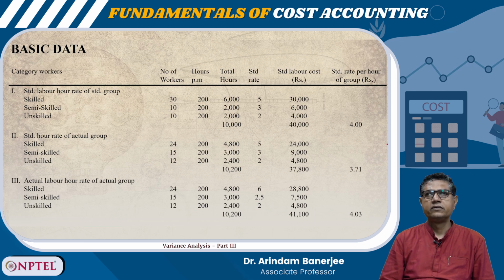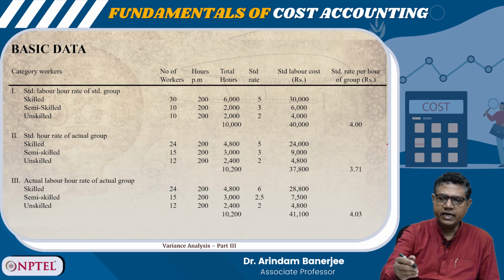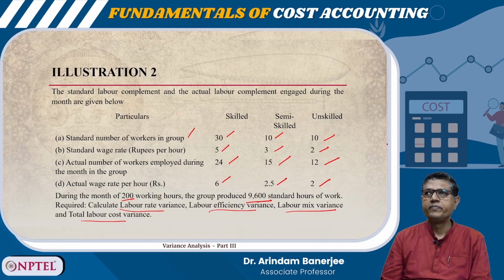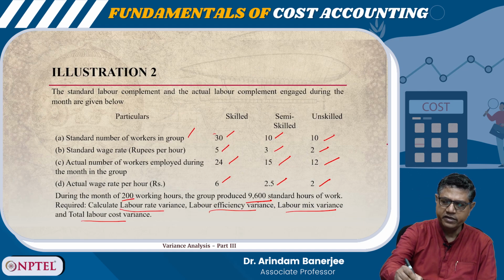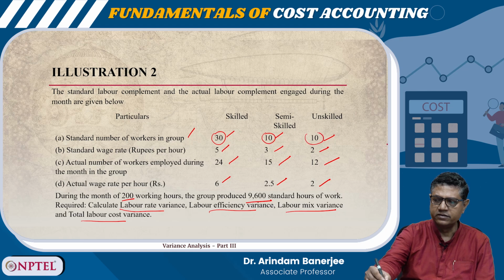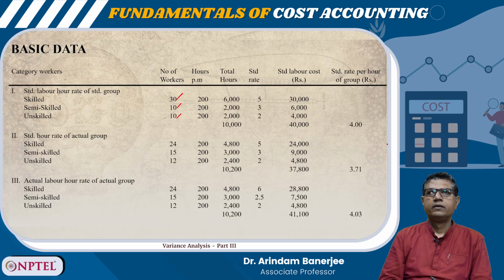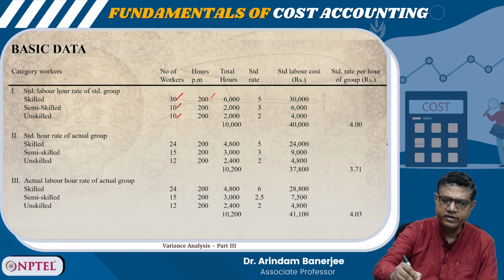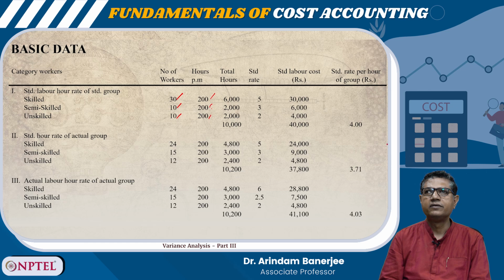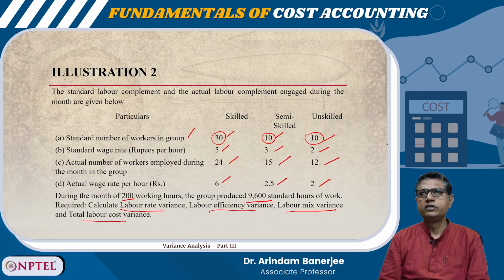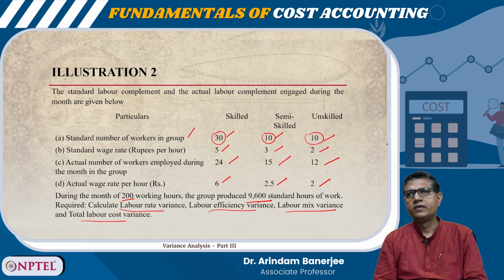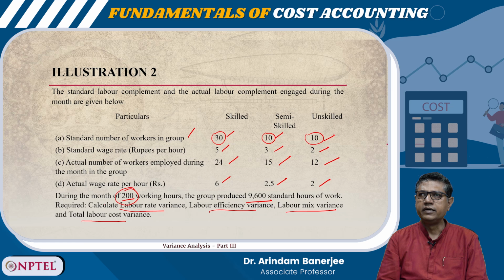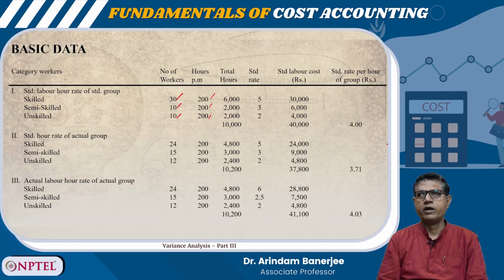So the basic data is given like this. Standard labor group: skilled 30, 10, 10. Hours per month is 200 working hours each.